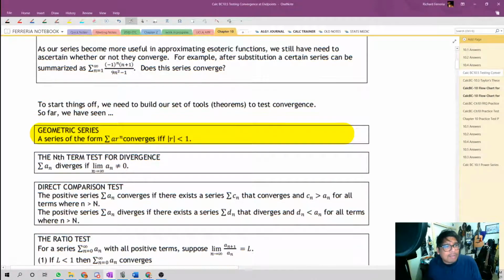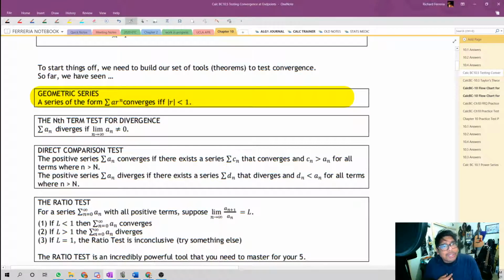If we have a geometric series, then of course we can just test the ratio, and that really is the optimal situation. If it's not a geometric series, then we can quickly test for divergence just by checking if the general term tends toward 0. And if the general term does not tend toward 0, then our series is going to diverge.